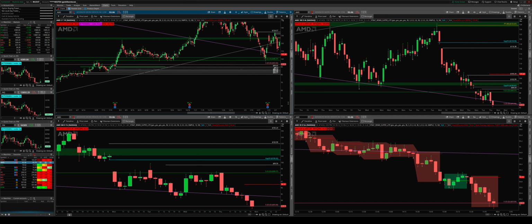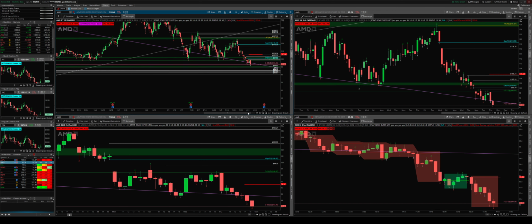Let's expand that out so that we can see what it looks like. So that's right below our current price, right above the 89.65 area, but right below where the 2 down trigger would be for the daily.